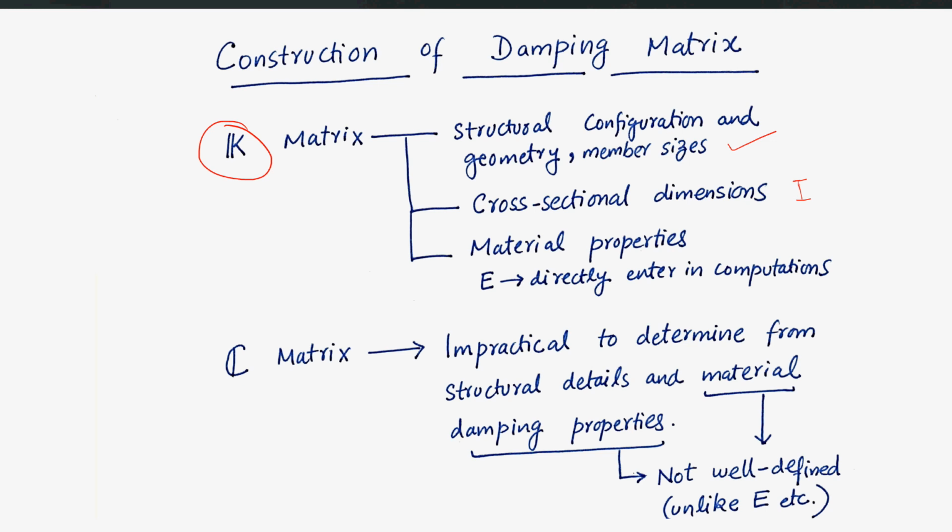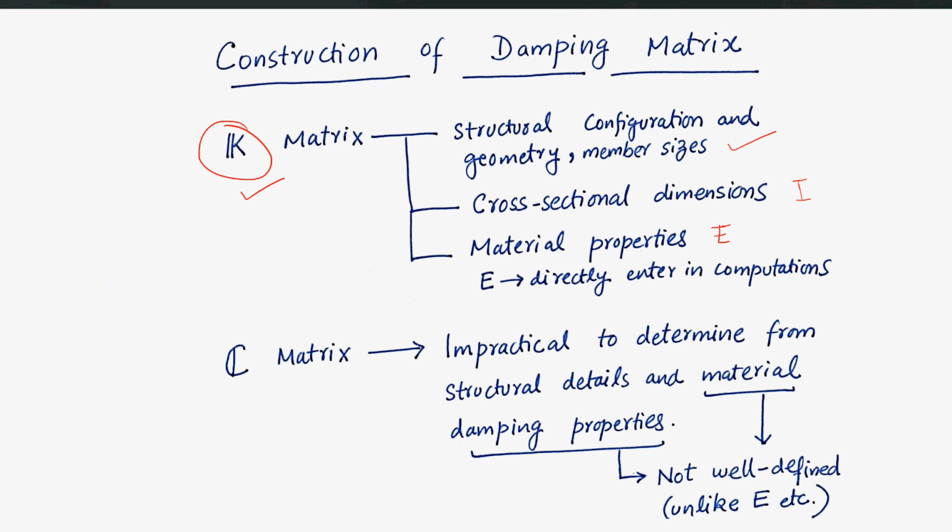It also is a function of material properties like modulus of elasticity E, which directly enters in the computations. So the determination of the K matrix is a relatively straightforward computation. But this is not true for the C matrix.